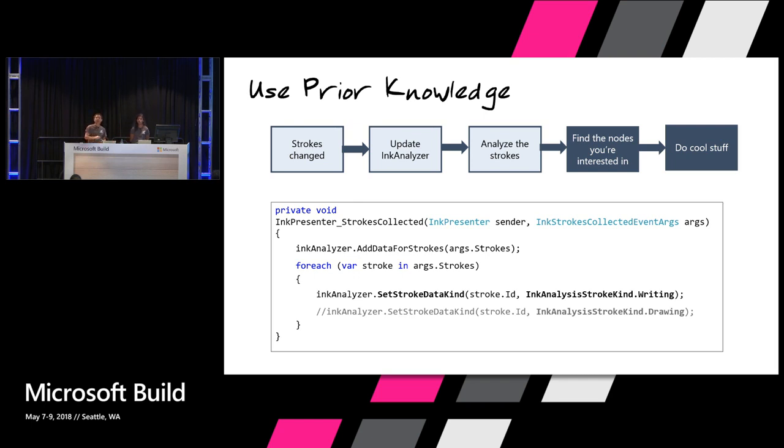That has two benefits. One is that some of our engine is bypassed, so the analysis is more lightweight. The second is that you achieve better accuracy. But if the user decides to mess with your application, you will still be guaranteed the outcome as writing or drawing, as you specified earlier.